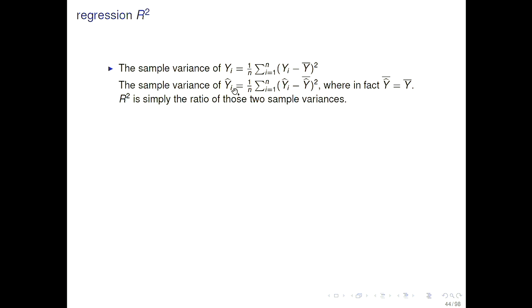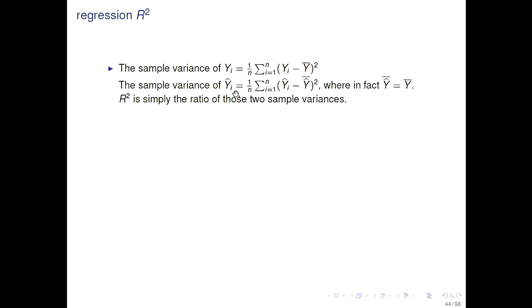The sample variance of the fitted value y hat, the explained part, has the same formula, but the random variable is y hat instead of just y. We're going to have the sample mean of y hat, and using this expression, we can calculate the sample variance of y hat.